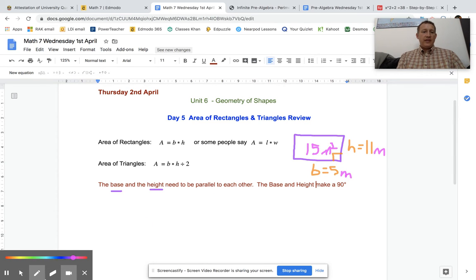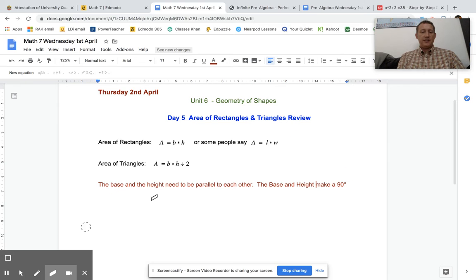All right, now what would happen if I erase, let's say, half of this? Oh, I didn't mean to do that. Let's see if I can draw it again. Okay, so we have our rectangle, and we have our base and our height.